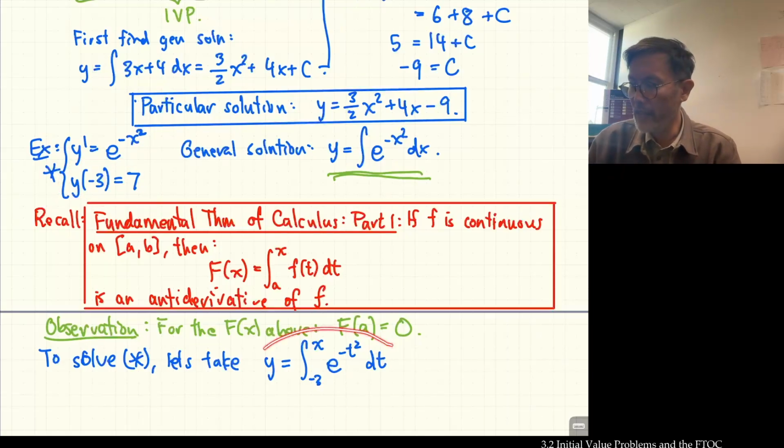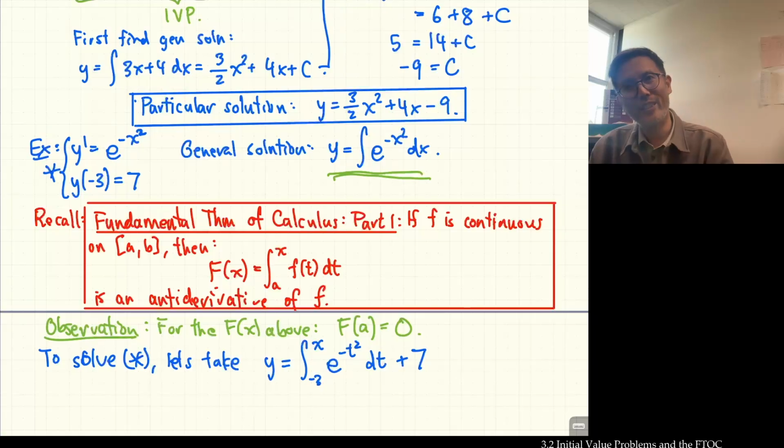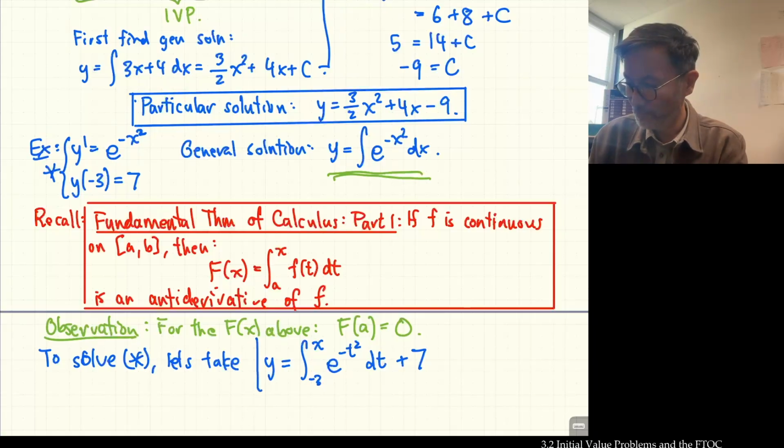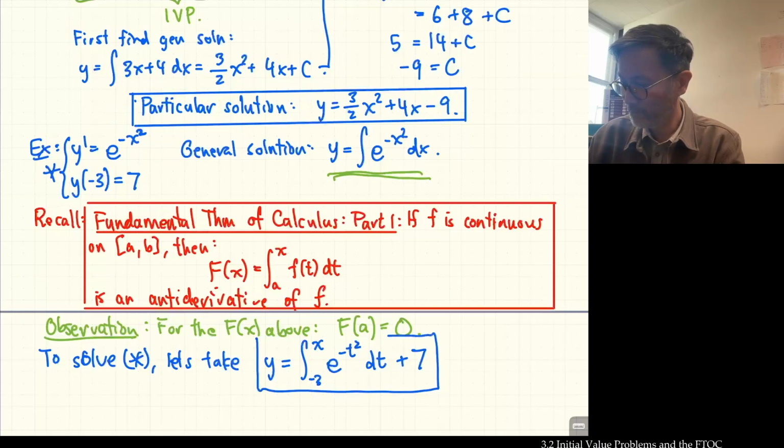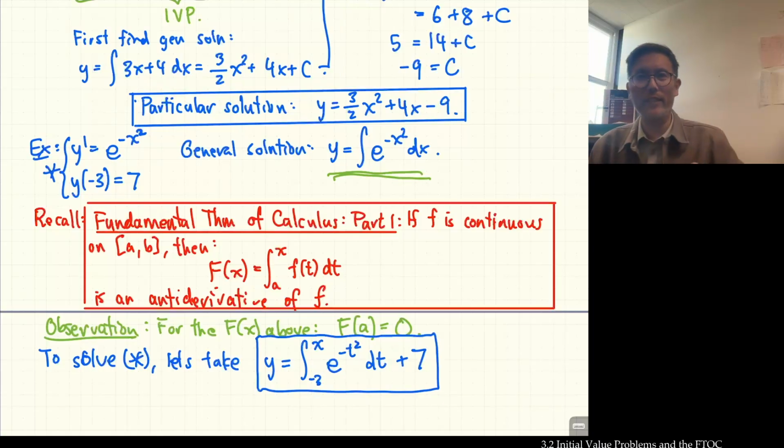Because what is y of negative 3 right now as written? It's 0. So what do? Do we curl up in a ball and die? No, it's very simple what we do. We just add 7 to this. Okay? And this satisfies the initial value problem.